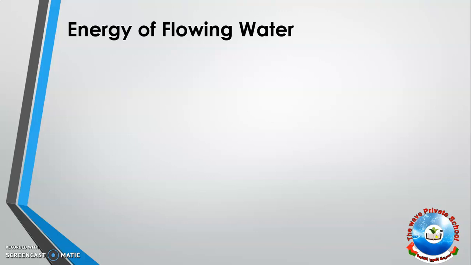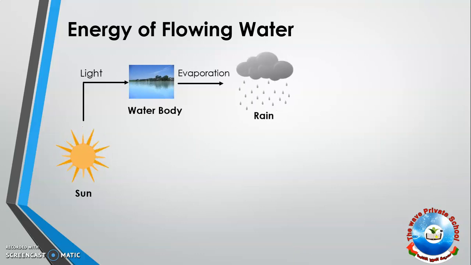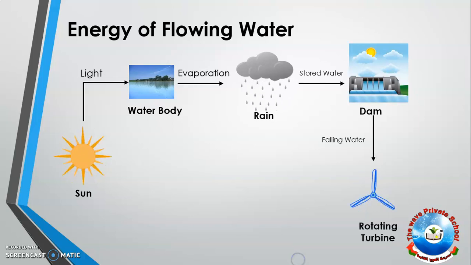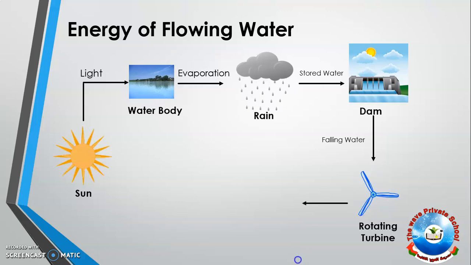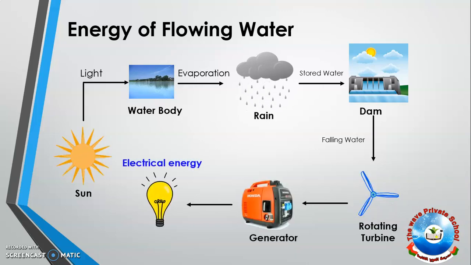It's the same as the energy of wind. The sun produces light energy, and this evaporates water which comes down as rain and is stored in the dam, and this falling water rotates the turbine, and this generates electrical energy.